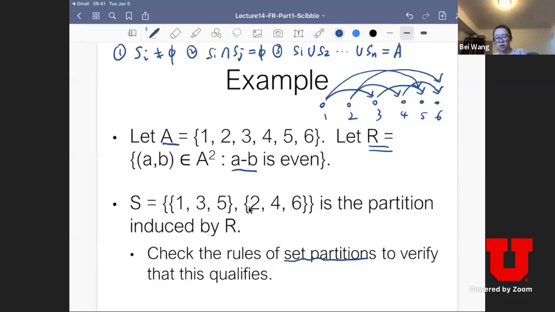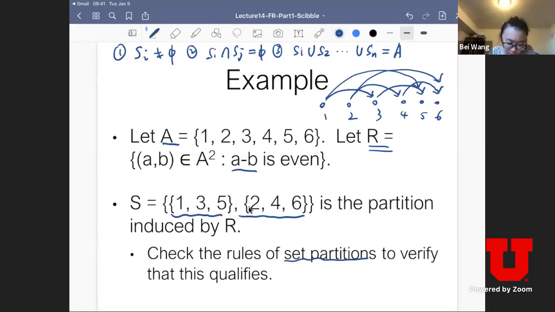Now when we think about the partition, you are looking at the separation of this based on treating it as an equivalence relation. If you look at the arrow diagram, you look at the connected components.